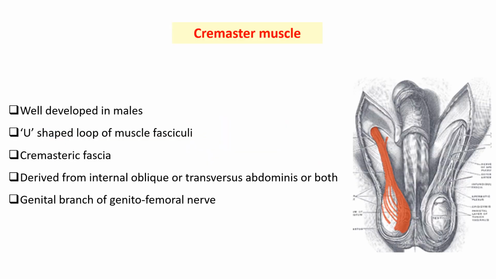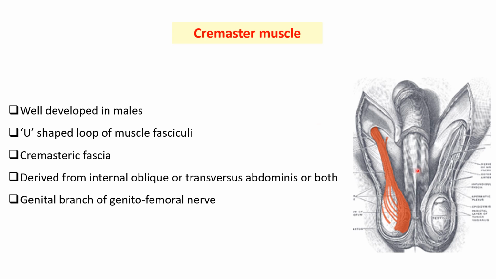Coming to the cremaster muscle, which is a prominent muscle in males and very poorly developed in females. Actually this muscle is made of muscle fasciculi that are connected to each other by a thin areolar fascia called the cremaster fascia. This cremaster muscle is a derivative of the internal oblique muscle, or of the transversus abdominis muscle, or of both the muscles.